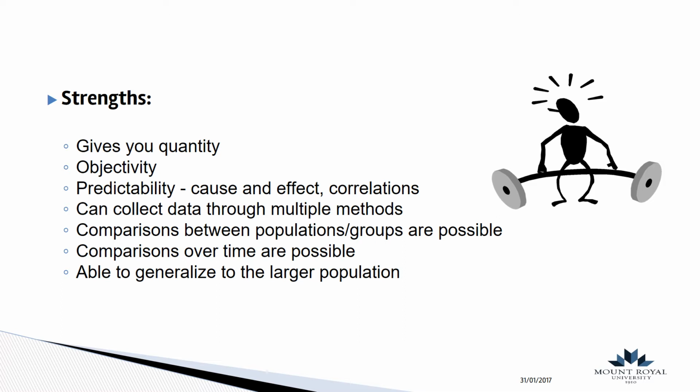It allows us to collect data through multiple methods. We might be collecting biophysiologic data. We might be using a tool to measure stress or depression or anxiety, quality of life. We might even include observation. And then it allows us to make comparisons between populations or groups.